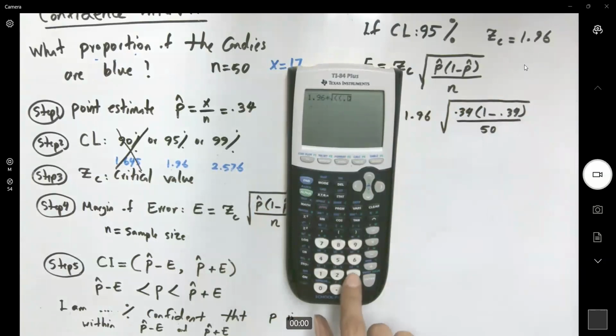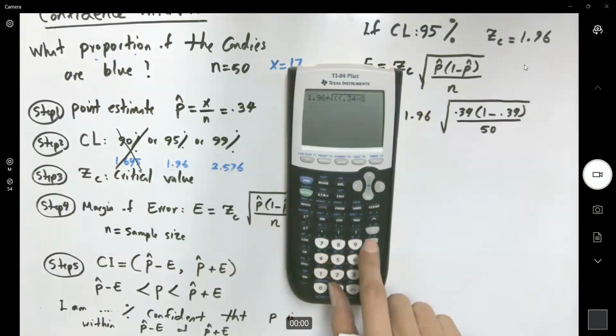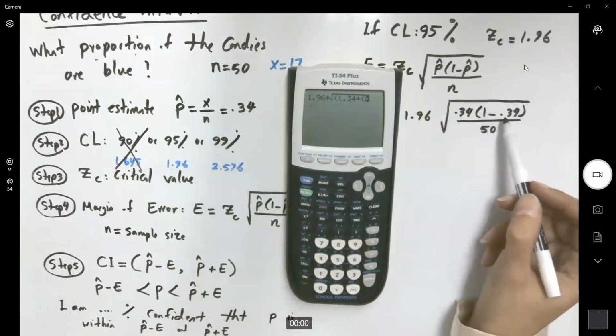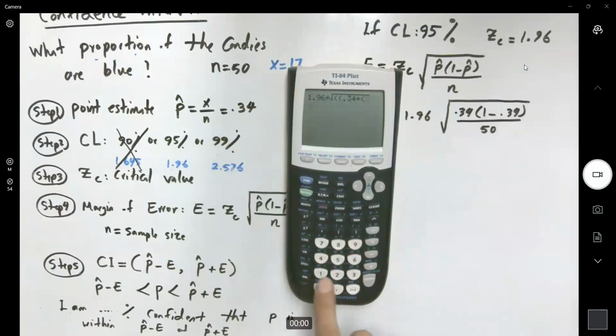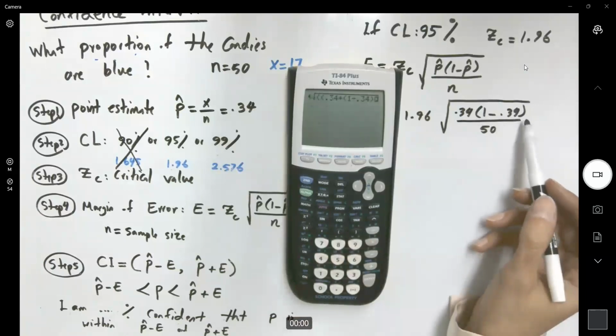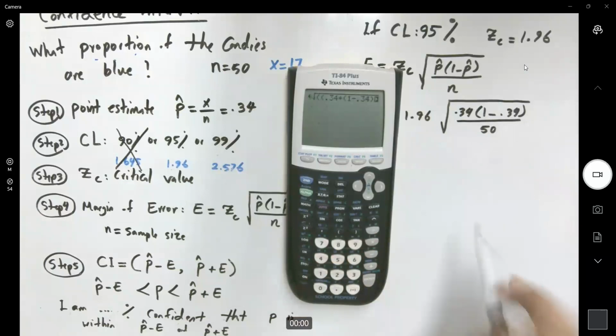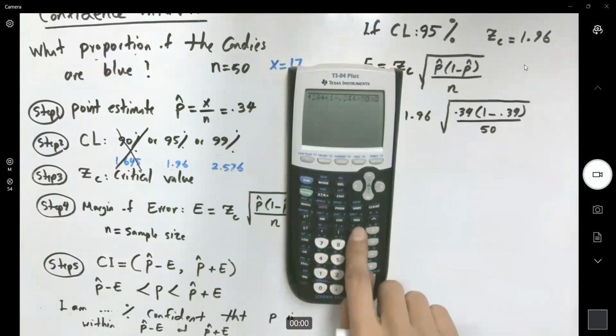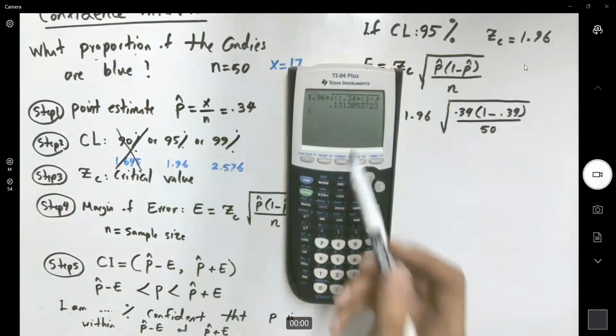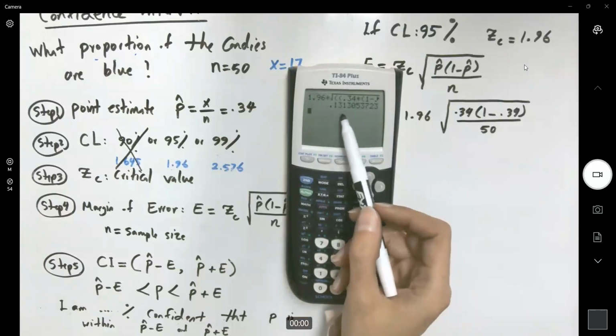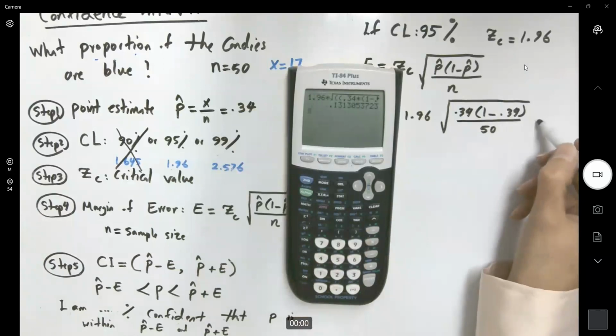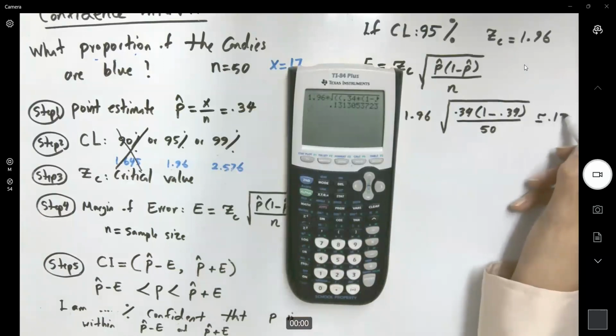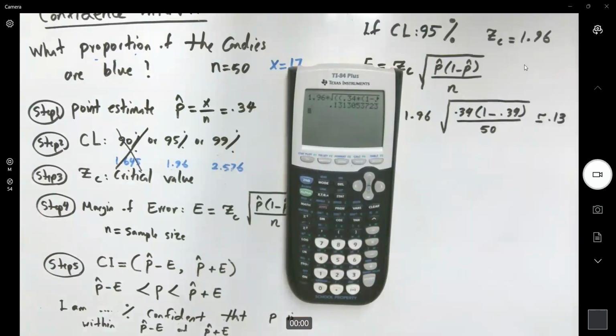So I have 0.34 times, let me open a parenthesis for 1 minus 0.34. Let me close the parenthesis and then divide by 50. Now close up the parenthesis that you have. You get an approximation which is almost 13%. Margin of error is 0.13.